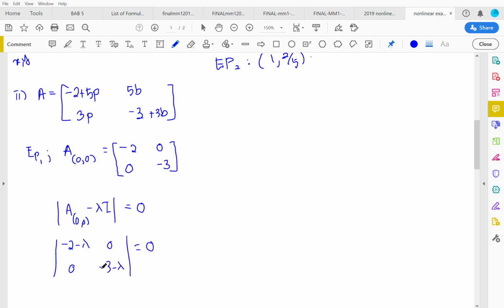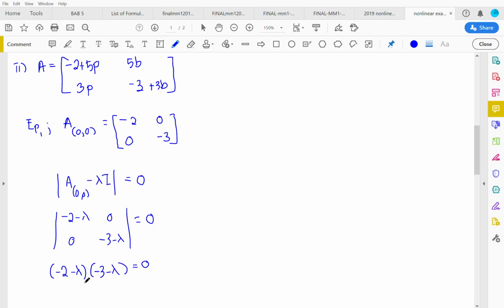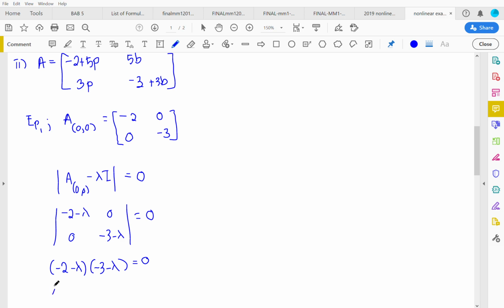Solving this, we get (minus 2 minus lambda)(minus 3 minus lambda) equal to 0. So we have two eigenvalues here, both real values: lambda equal to minus 2, and the second one is lambda equal to negative 3. Referring to the table of stability, this is a stable one.